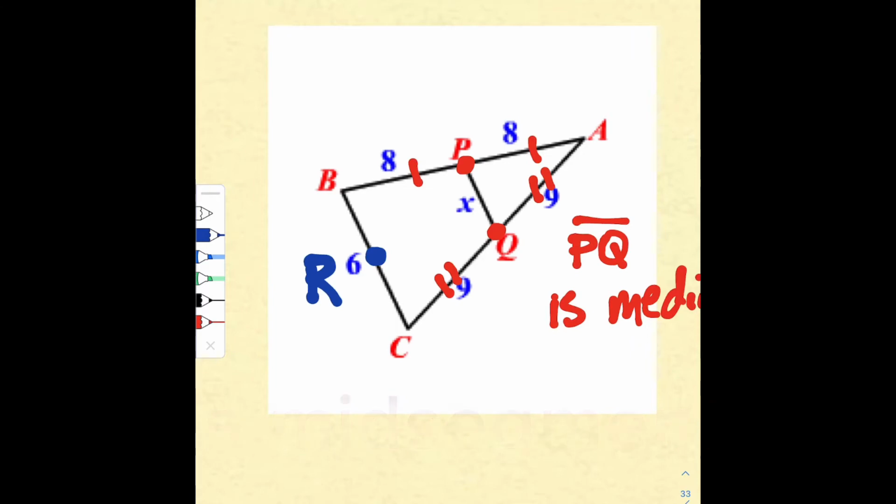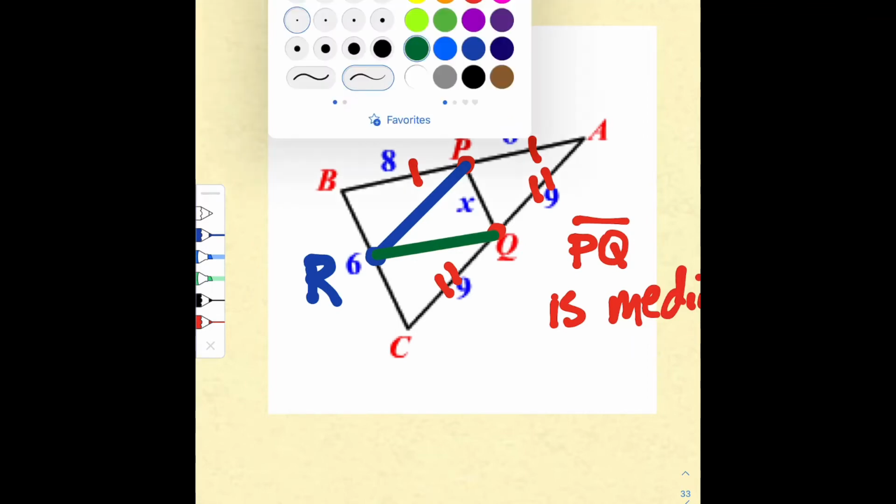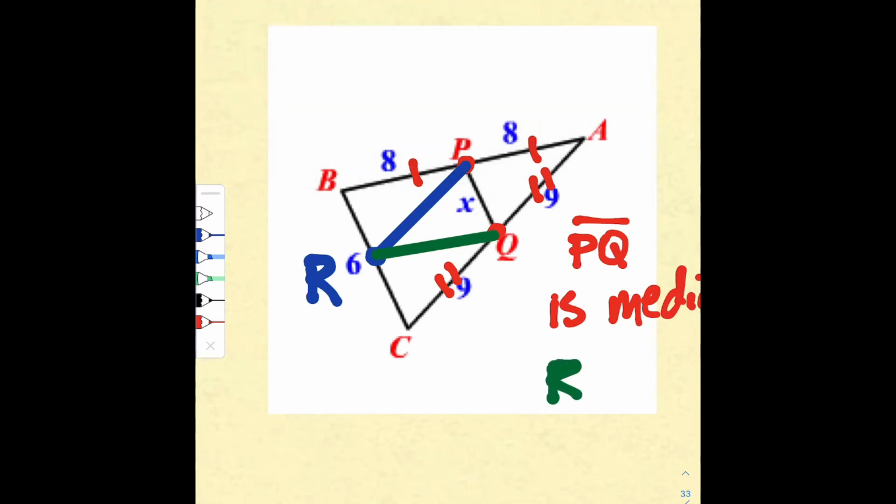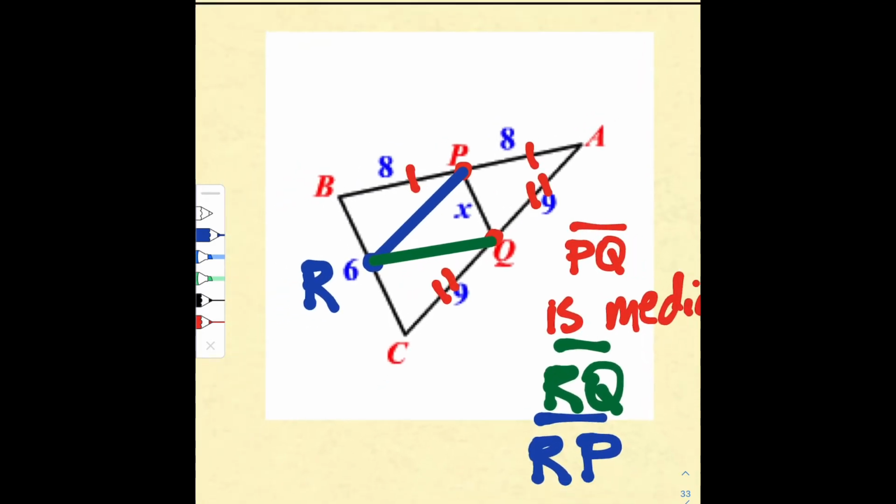So let's draw the midpoint on BC. Let's call it R. And then I can draw that. And finally, let's choose green for our 3rd. So RQ, as is RP. These are all mid-segments.